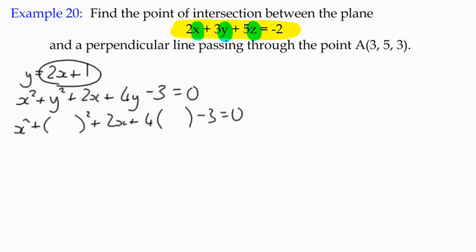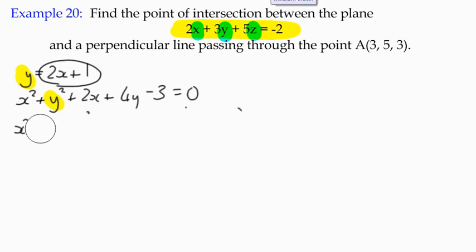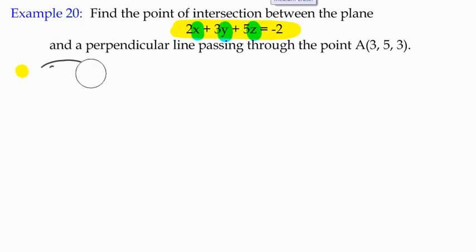Now we would say at the point of intersection only, then the y coordinates are the same, and if that y coordinate is the same as that y coordinate, then we can say that 2x plus 1 is going to be the same as y just for the point of intersection. So we're hopefully familiar with the idea of finding a point of intersection of a linear function and something that's a wee bit more complex, and that's exactly what we're going to do here.